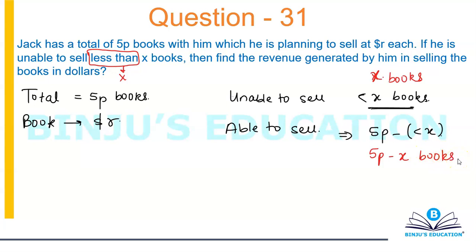If he is unable to sell X, then he is able to sell 5p minus X. But what's happening? He is unable to sell less than X. Then can I say 5p minus less than X? I can also rewrite this as something greater than 5p minus X.